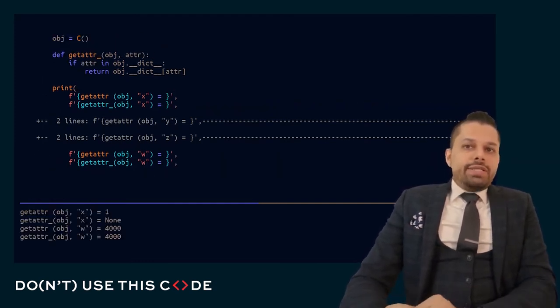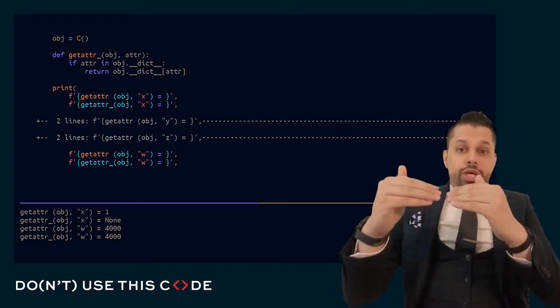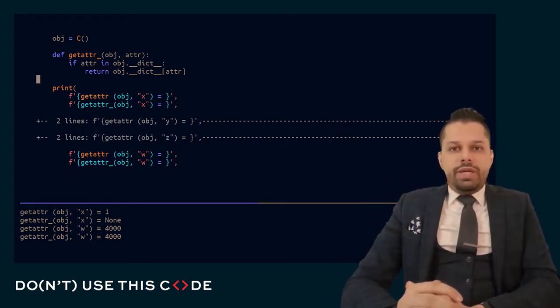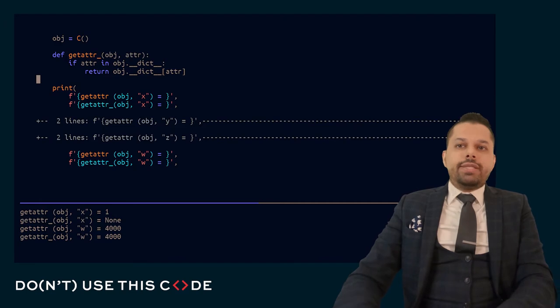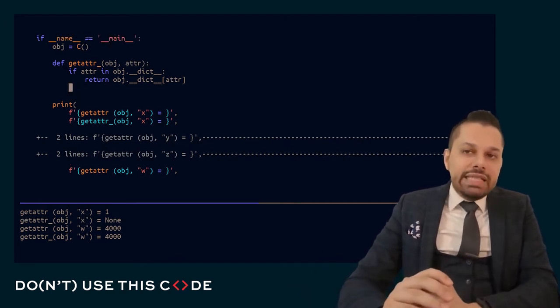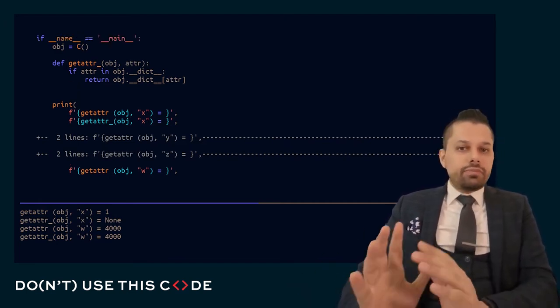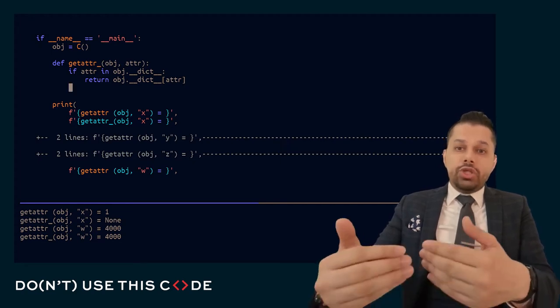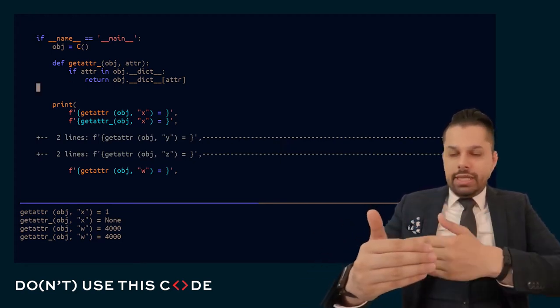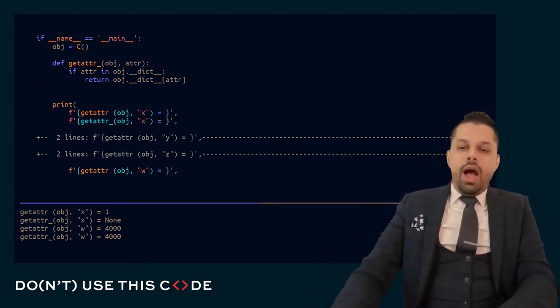Now, to make X, Y, and Z work, to make looking for this particular piece of data up that class hierarchy work, we have to say, if we didn't find this in the object's instance state, we need to look in the class's state, starting from our type up the hierarchy.